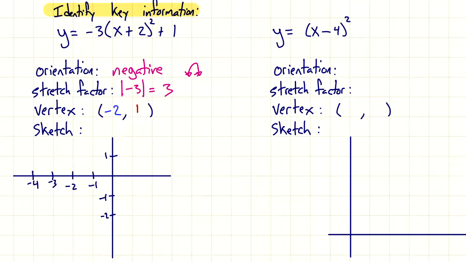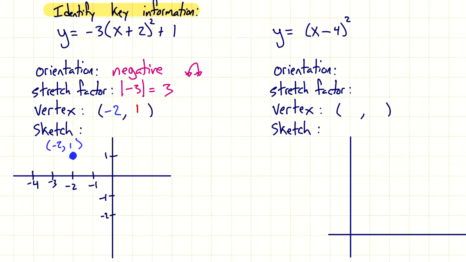Oops, -2. All right, so I'm going to be plotting a point at -2. I need to go -2 and +1, so we're going to go up 1. So I'm plotting a point right here. This is going to be our vertex. So this is at -2, 1.